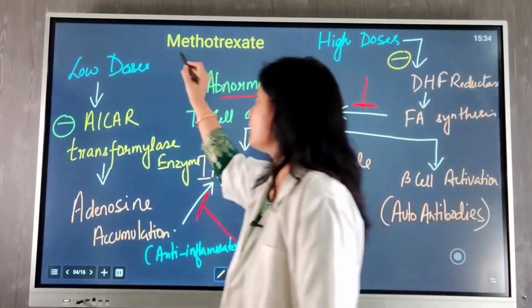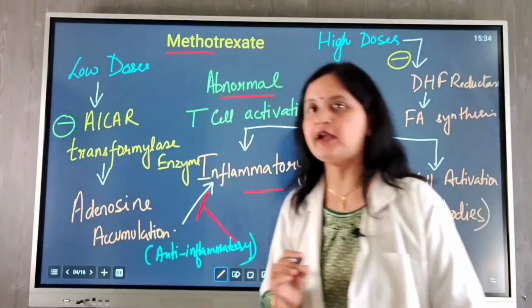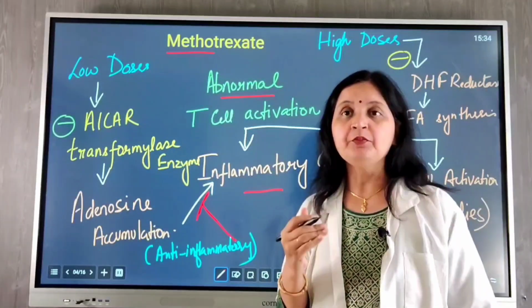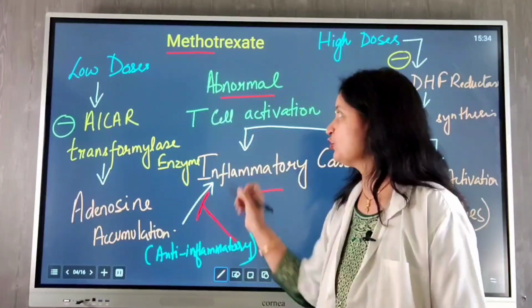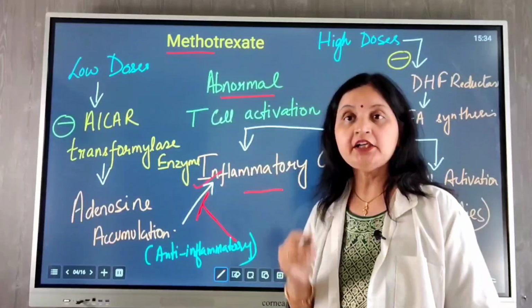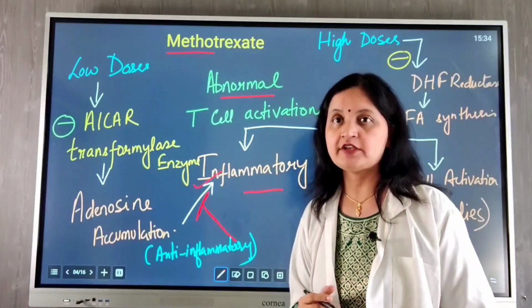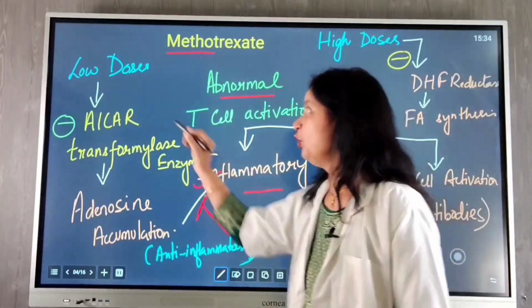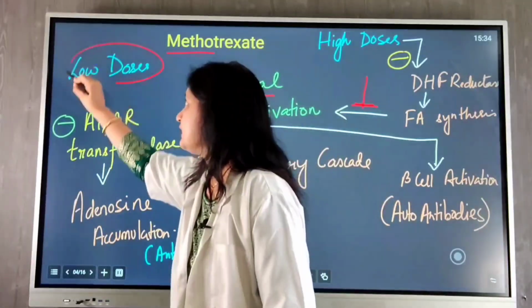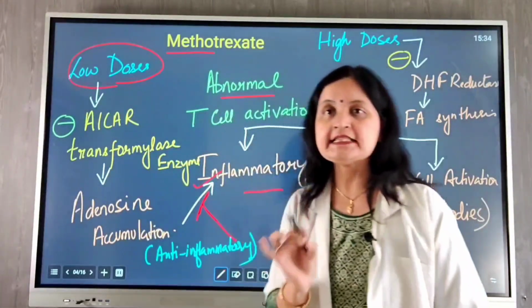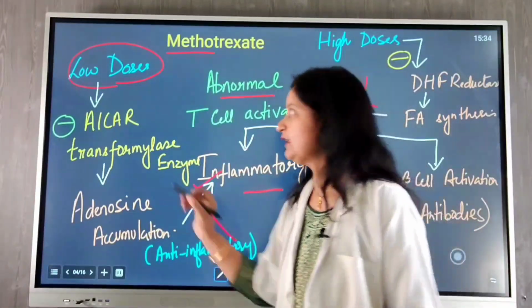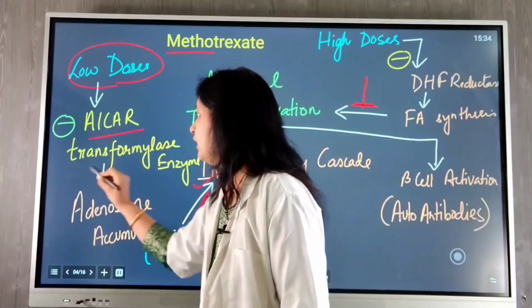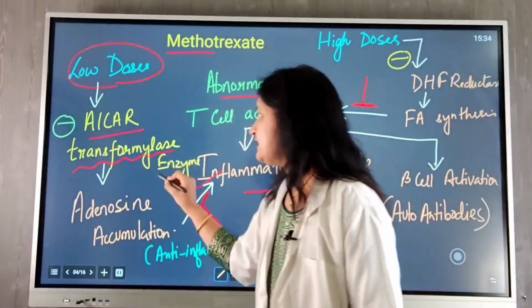Methotrexate is the drug of choice for the treatment of rheumatoid arthritis. As we know, abnormal T cell activation leads to chronic inflammation and production of autoantibodies such as rheumatoid factor. Low doses of methotrexate are known to inhibit an enzyme. And what is this enzyme? It is the AICAR transformylase enzyme.